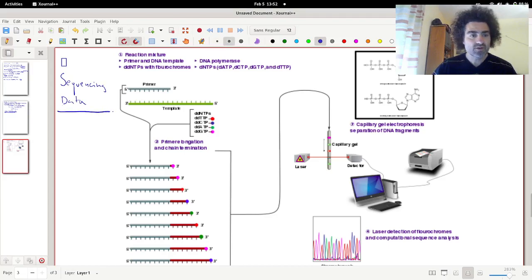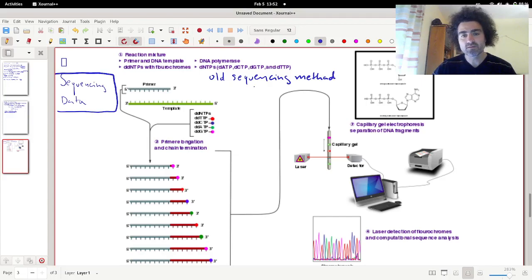So I assume here that all of you know Sanger sequencing. Sanger sequencing is the really old sequencing method. It's a method that people were using maybe 15-20 years ago.